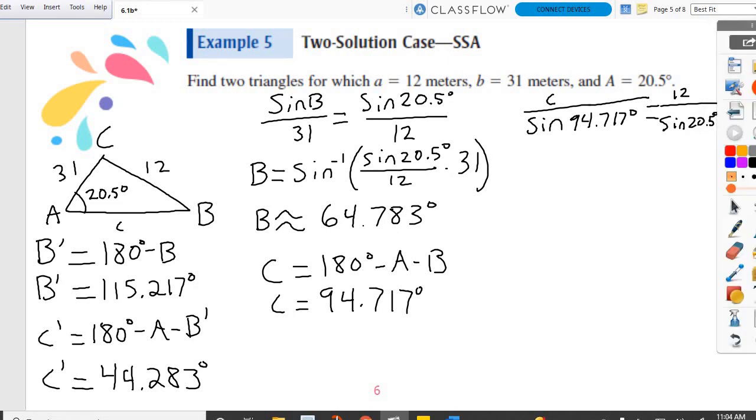So then how would I solve for c? Just multiply both sides by sine. You got 47. Agreed. And what do we get?